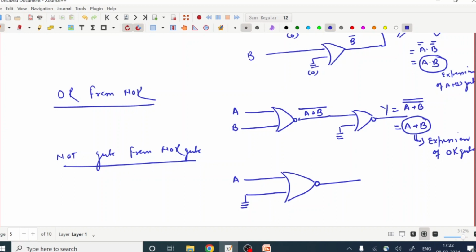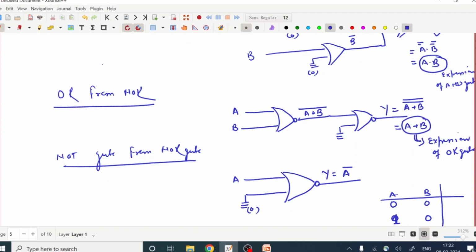So the output depends on A. Y is equal to A complement. Suppose the value of the first input is A and the other is B, which is already 0. So what are the possible values of A? A is 0 or 1, and the value of B is constant, that is 0.